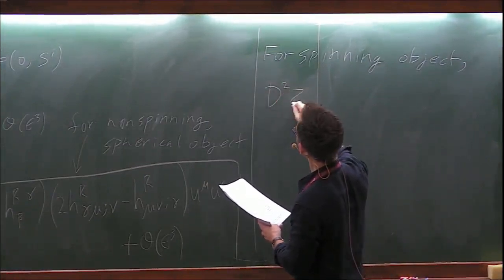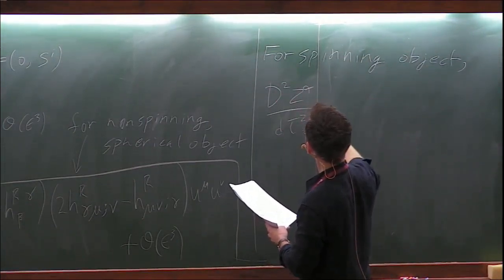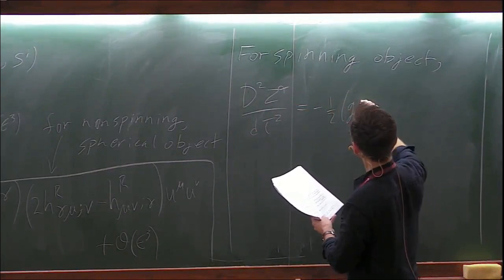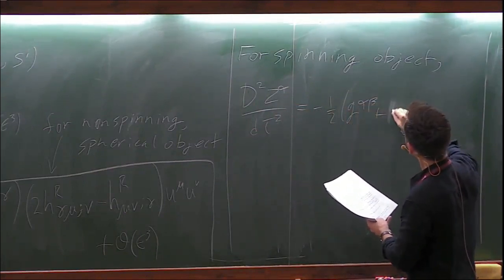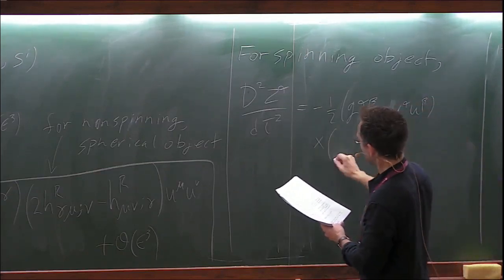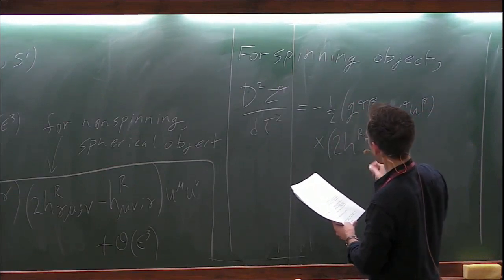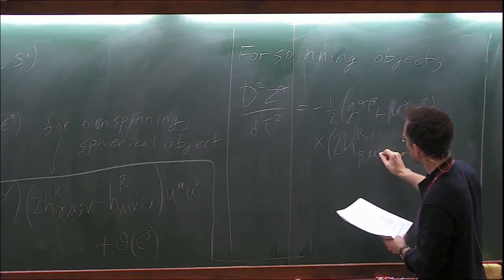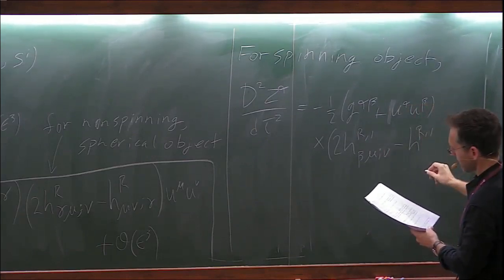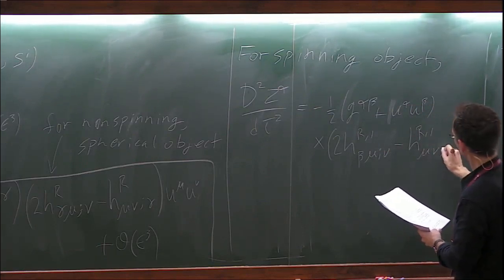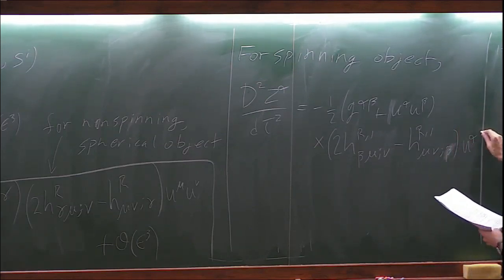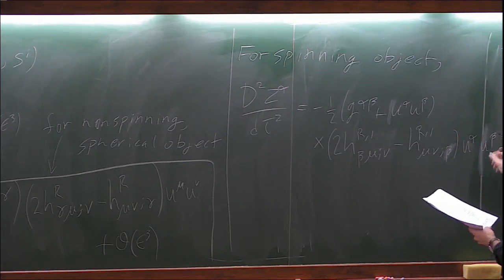And there we have d squared z alpha, d tau squared is minus a half (g alpha beta plus u alpha u beta) times (2hr1 beta mu nu minus hr1 mu nu beta) u alpha u beta.